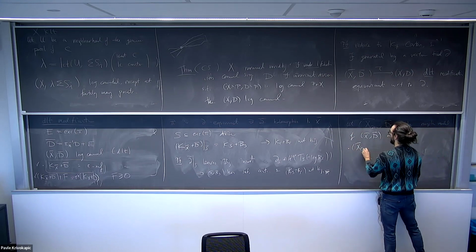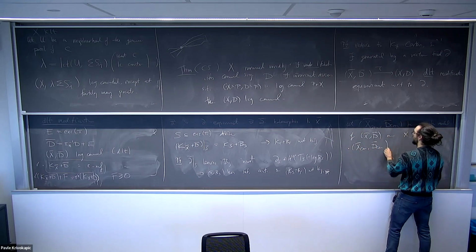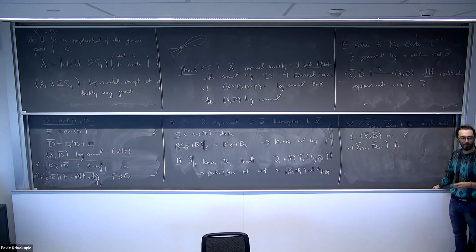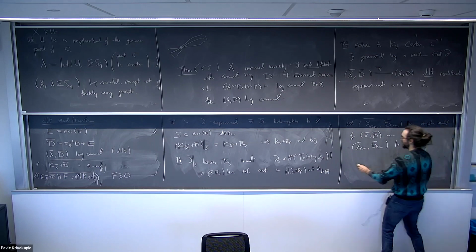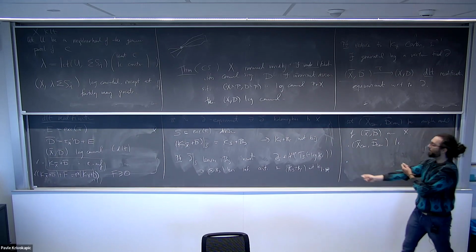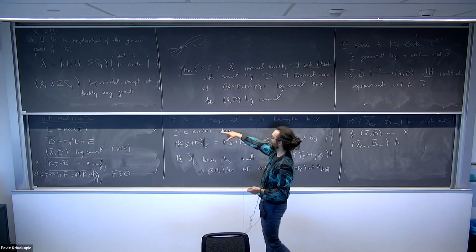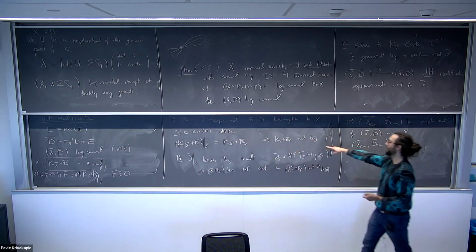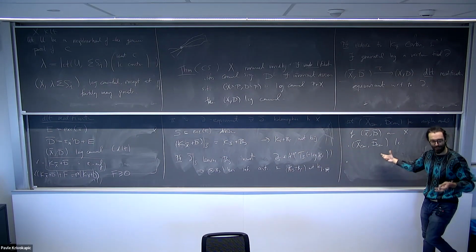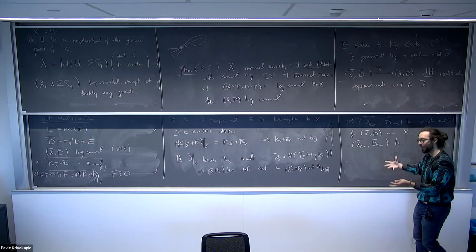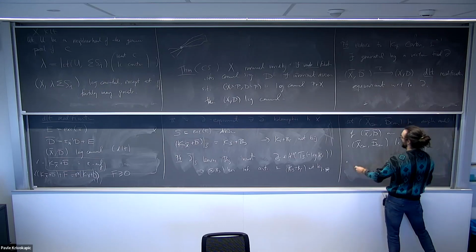One, X bar can, D bar can is log canonical by assumption, or because it's the ample model of the log canonical pair. And two, well, this contraction, we know that every single divisor in the exceptional locus has to be contracted by passing to the ample model, because KX restricted to any exceptional divisor is not big.